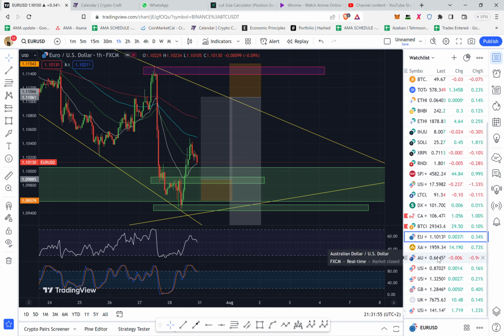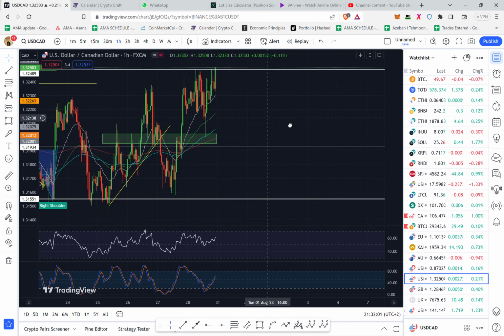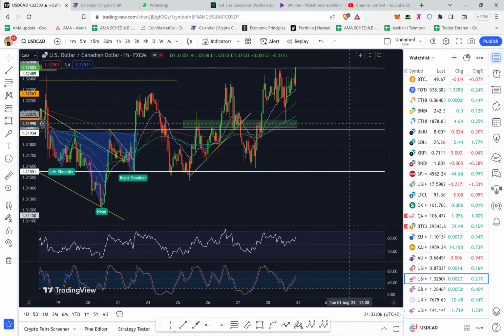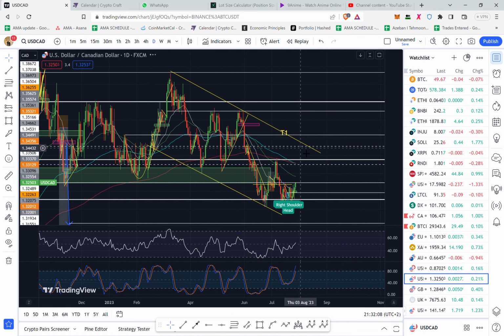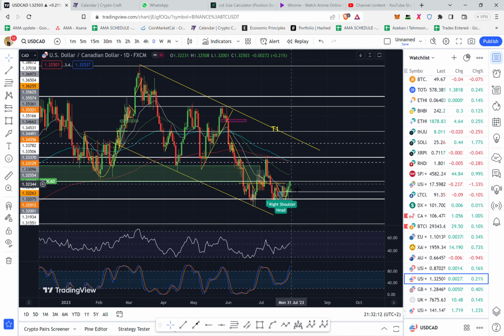Actually, let's have a look at USDCAD. So far we have a nice price action for USDCAD, and let's start with the daily. So daily time frame, we have this descending channel, so I'm expecting USDCAD with this double bottom right here.